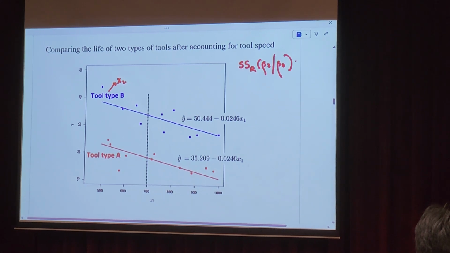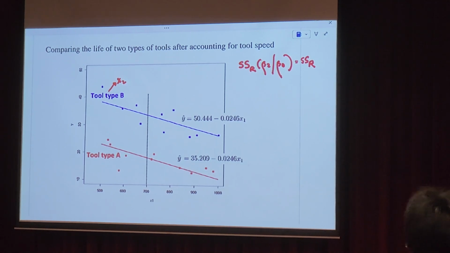Using our usual notation, this is called SSR beta 2 given beta naught.